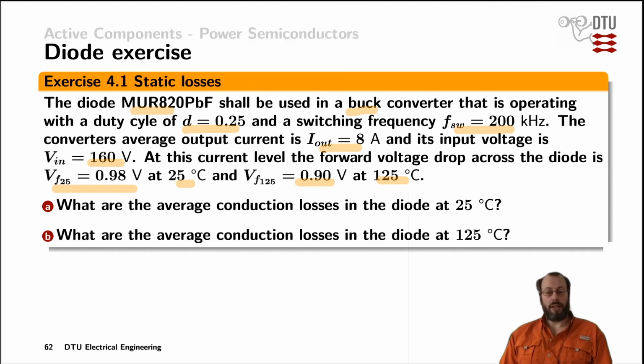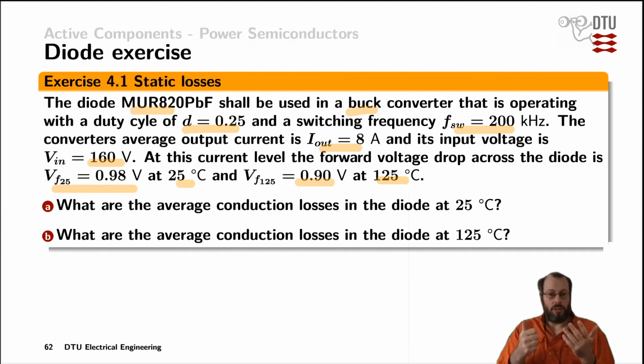Basically, this exercise goes two paths and repeats the same calculations just for two different temperatures. So I'm asking for three things: the conduction losses, the reverse recovery losses, and finally the total losses of the diode.